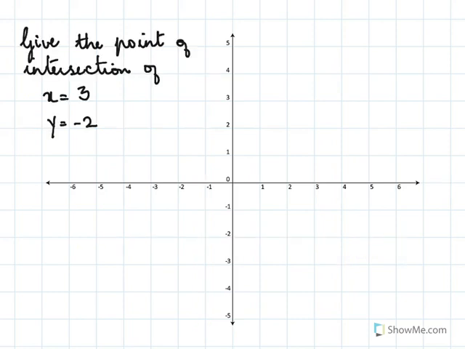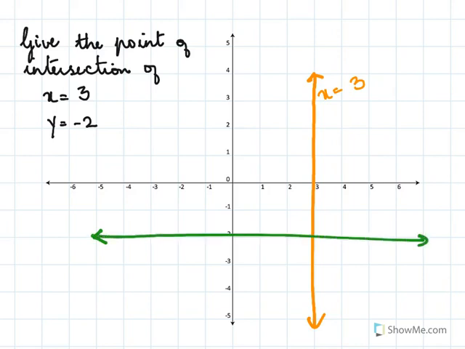Here, give the point of intersection of the lines x equal to 3 and y equal to -2. So let's draw x equal to 3. x equal to 3 will be parallel to the y-axis. So this is x equal to 3. And y equal to -2 is parallel to the x-axis.